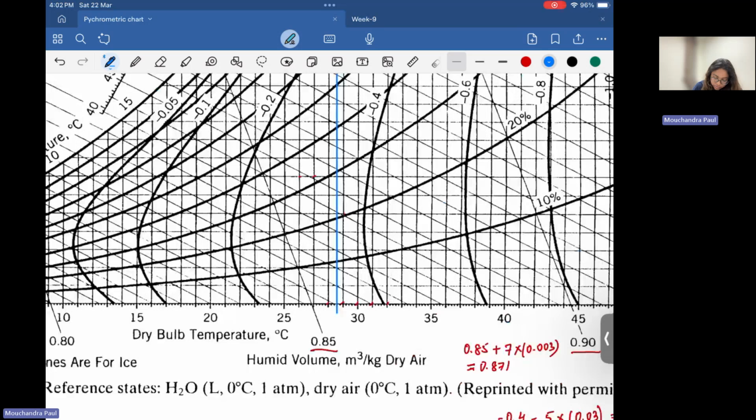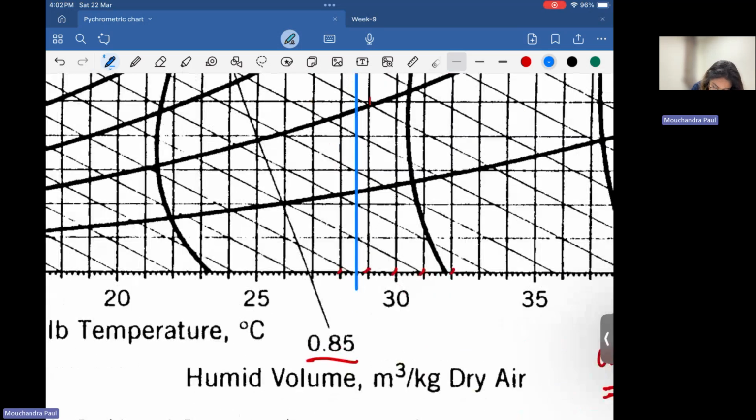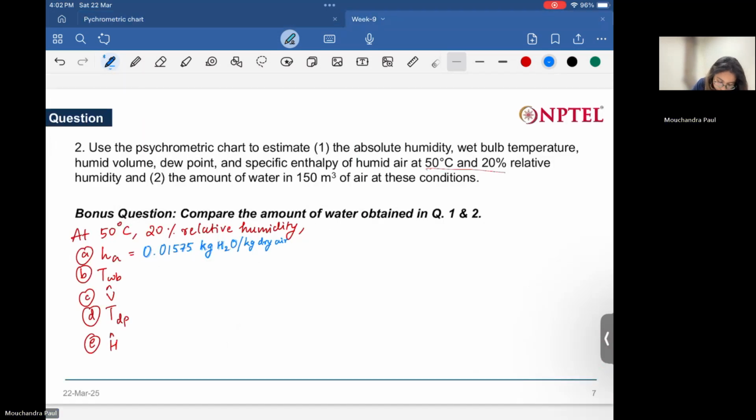The wet bulb temperature that you got is around 28.3 degrees Celsius.